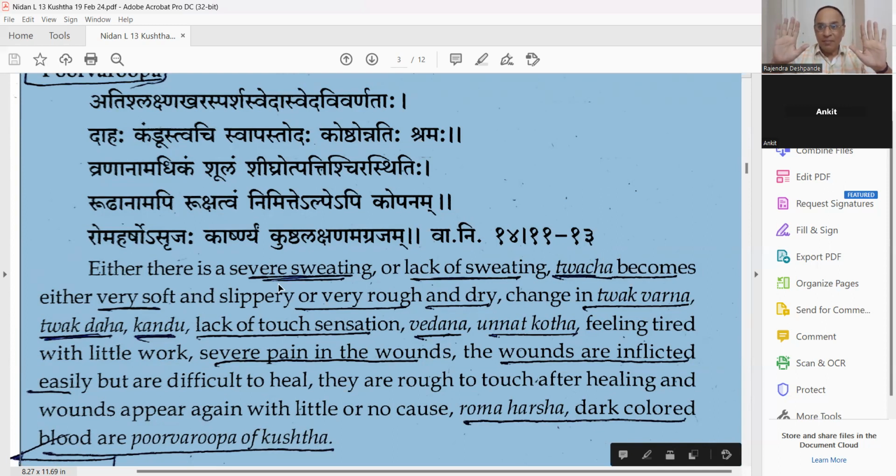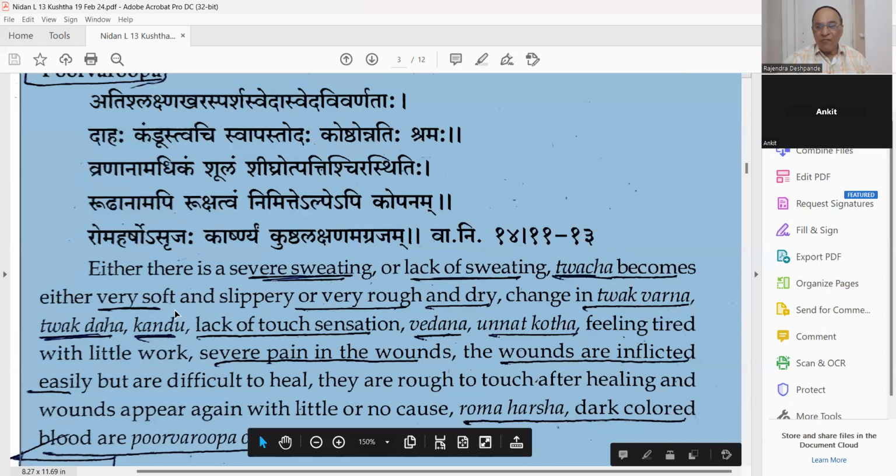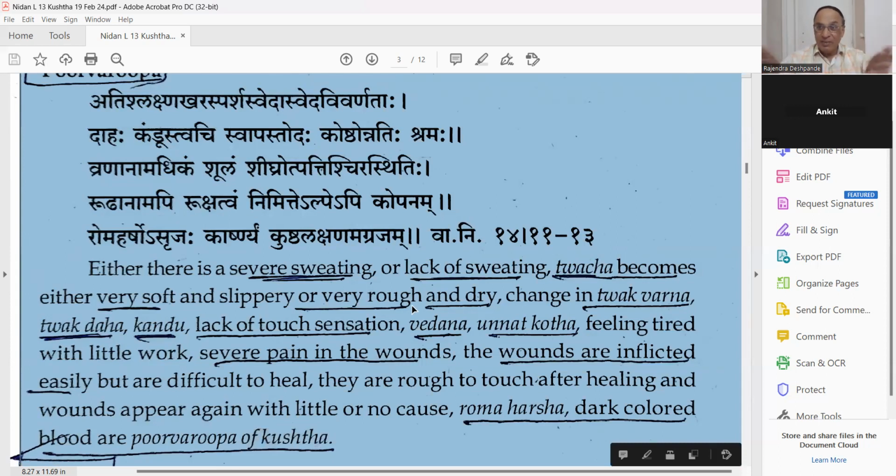Then tvacha becomes soft or the skin becomes rough, I am talking about extreme polarity. Then tvak varna, color change will start. Then there may be intermittent burning sensation. Itching will be there, lack of touch sensation, sometimes pain.